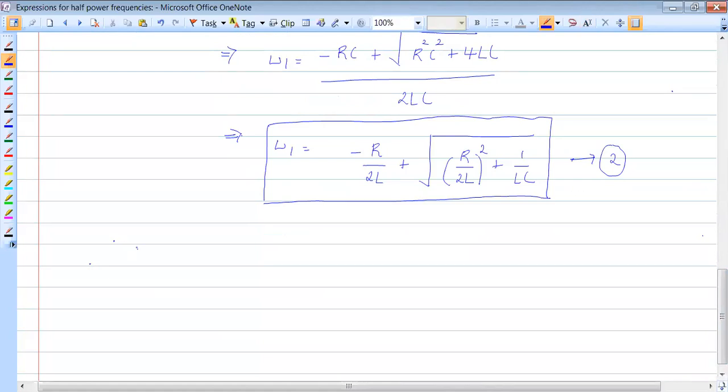Bandwidth is given by omega 2 minus omega 1.